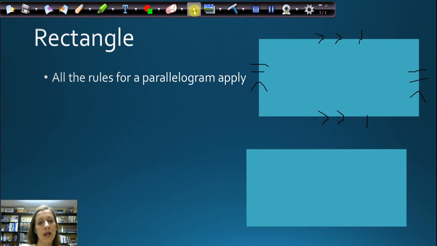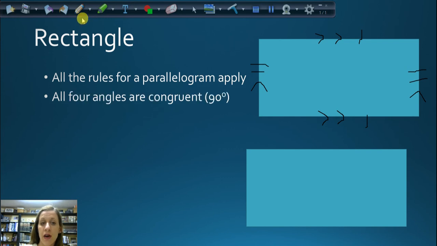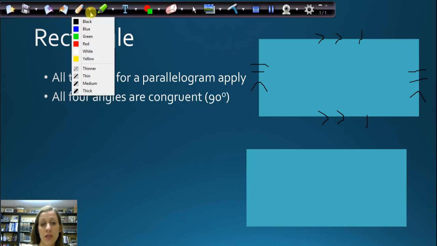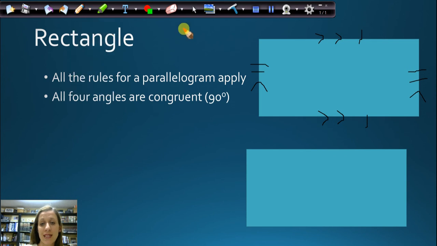A rectangle has a couple other properties that are different than a parallelogram, and the first one is that all four angles are congruent, which means, because it's a rectangle, that all four angles are going to be 90 degrees. So to let you know that it's 90 degrees, we draw a little box in each corner to let you know that those are equal to 90 degrees.